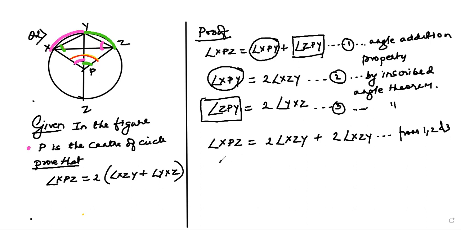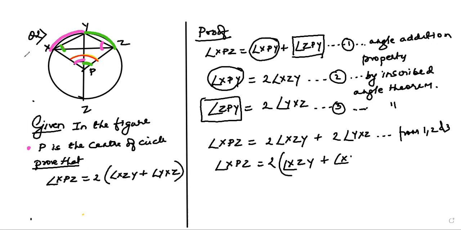Now you can see, children, therefore angle XPZ equals angle XZY plus angle XZY plus twice angle YXZ.